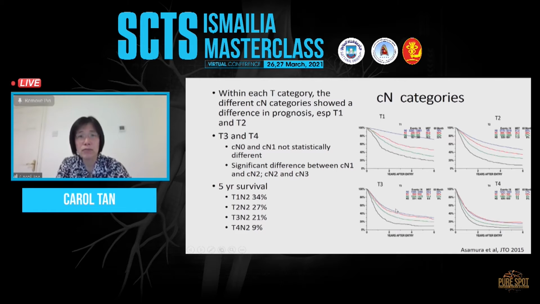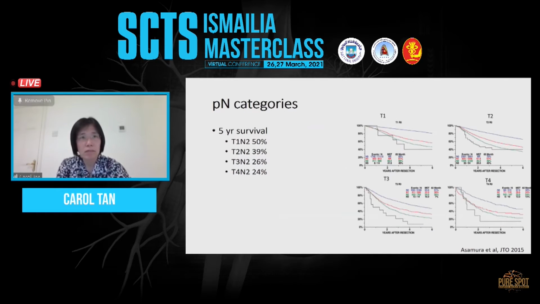But when you go to T3 and T4 tumors, there's less difference between the N0 and N1 status. The 5-year survival, and these are for patients who've been clinically staged, T1, N2 gives you a 5-year survival of 34%, T4, N2 drops to 9%. When you look at patients who've had resection, so the pN categories, the 5-year survival is a little bit better.